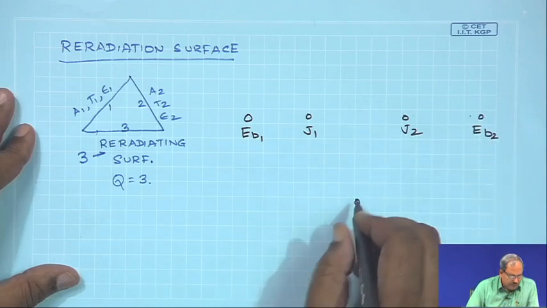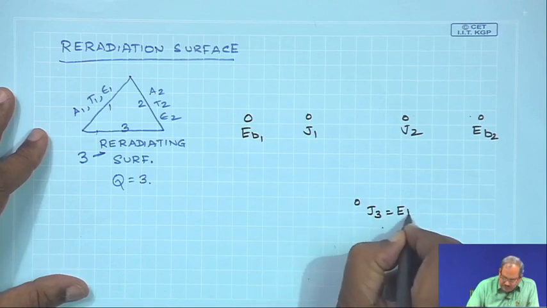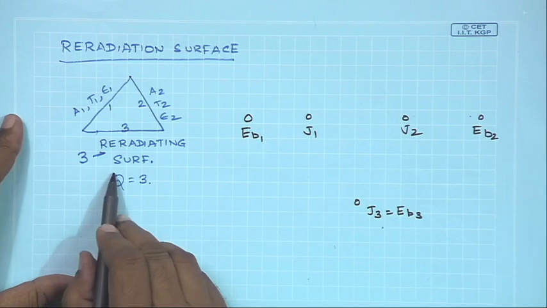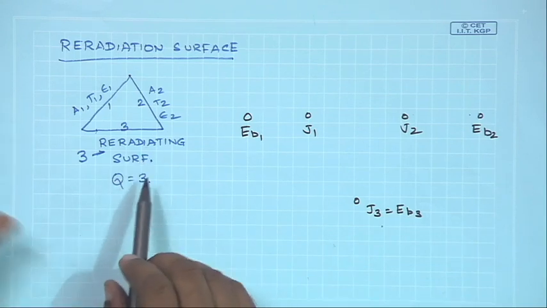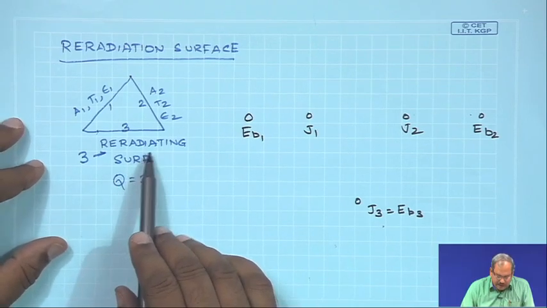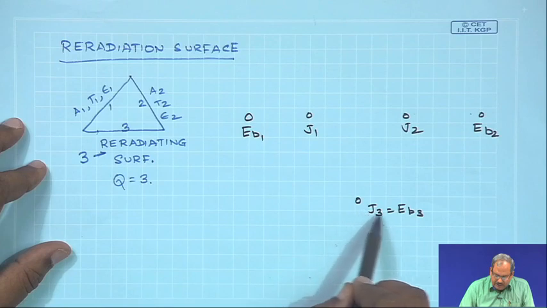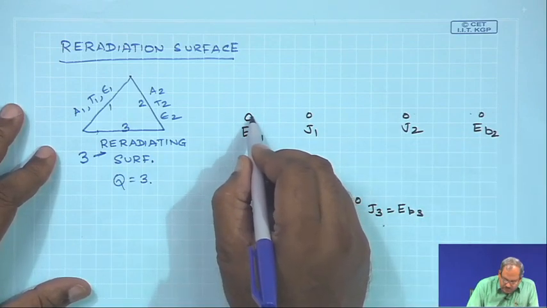Over here, however, J3 is equal to EB3 because it is a re-radiating surface. So, if it is a re-radiating surface, then there is no flow of heat through this surface, and therefore, in such a case J3 is equal to EB3. Let us complete the circuit over here.